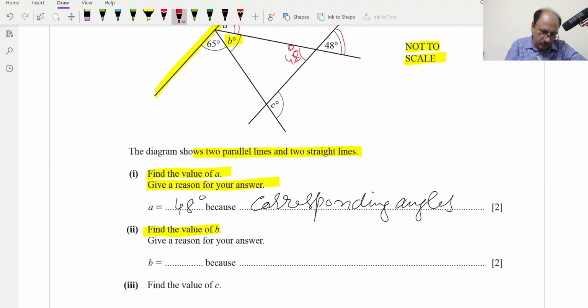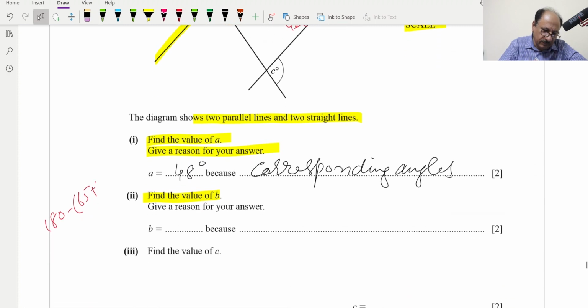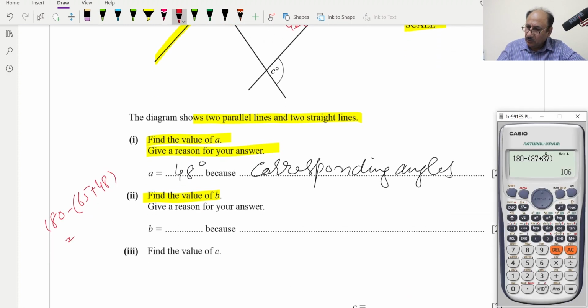So we can do working over here: 180 minus (65 plus 48) is equal to 67.